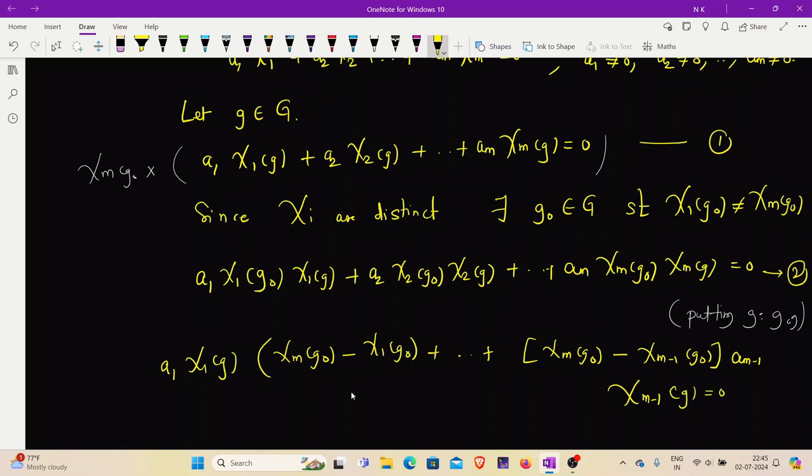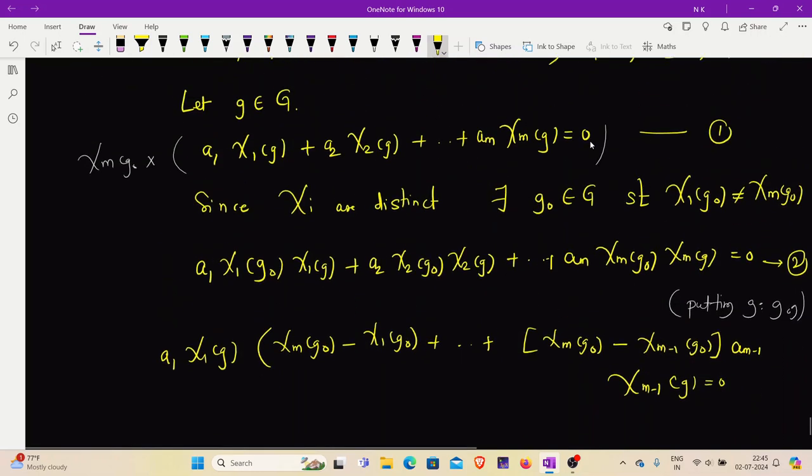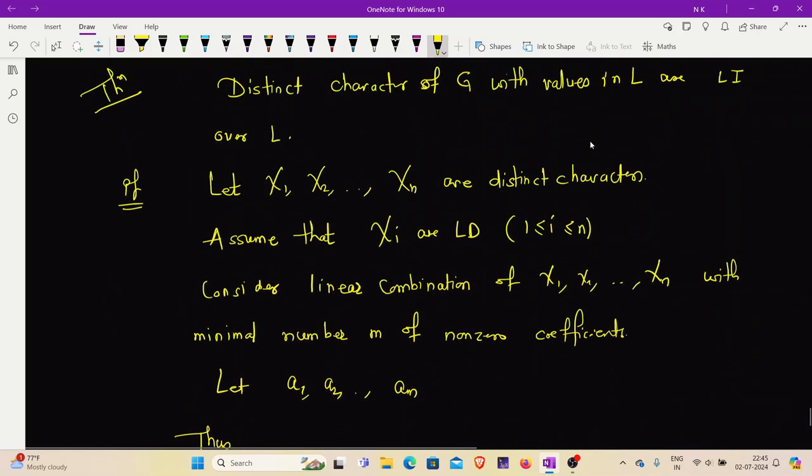But we can easily find that this expression has fewer non-zero coefficients than m. So definitely this is a contradiction, and this contradiction proves that these characters must be linearly independent.